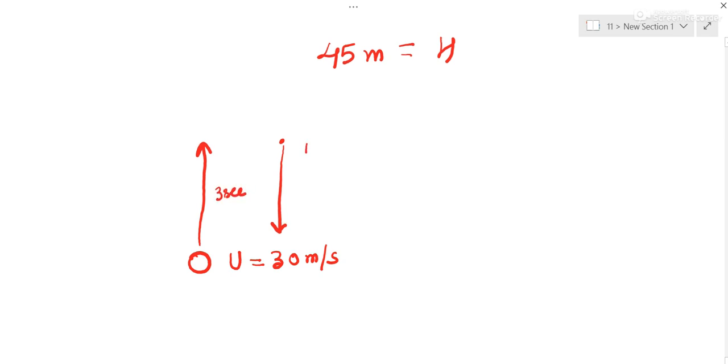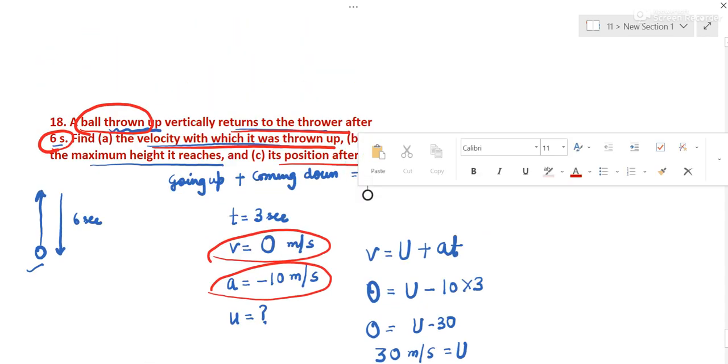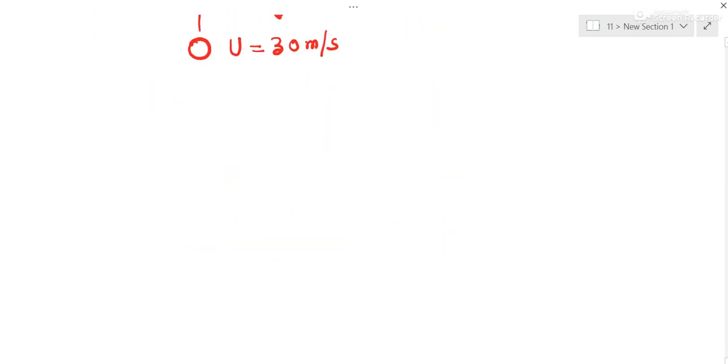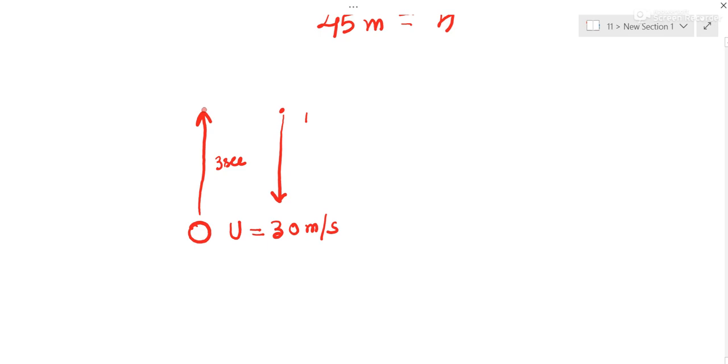So we have to find out the position after 4 seconds. So in 3 seconds, it reaches the highest point, right? So we have to just find out the position for this remaining 1 second while coming down.